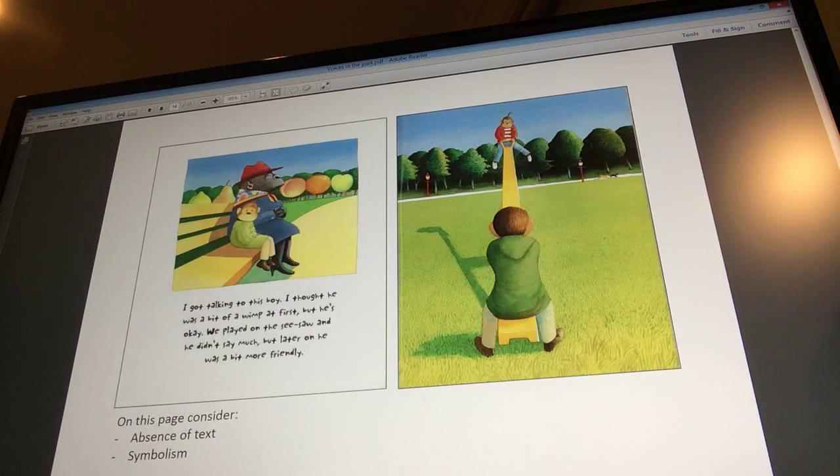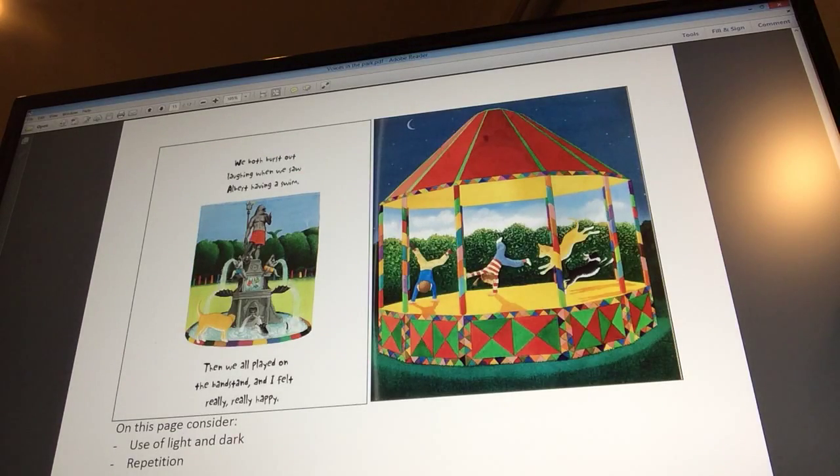I got talking to this boy. I thought he was a bit of a wimp at first, but he's okay. We played on the seesaw, and he didn't say much, but later on he was a bit more friendly. We both burst out laughing when we saw Albert having a swim. Then we all played on the bandstand, and I felt really, really happy.